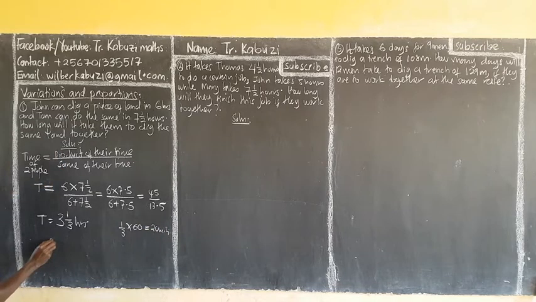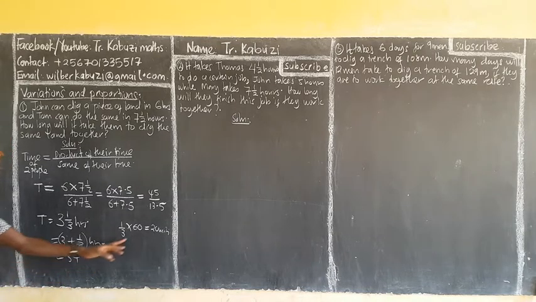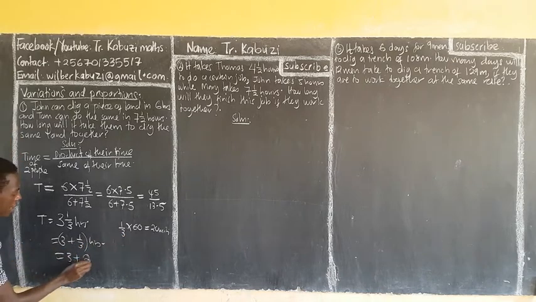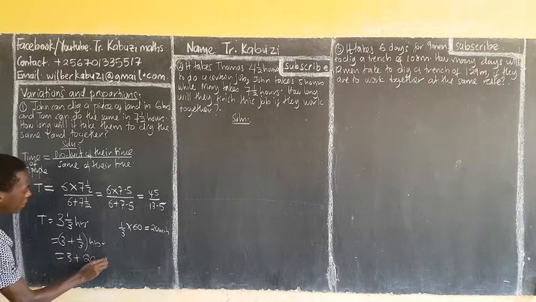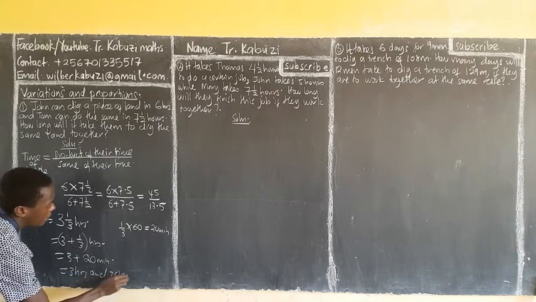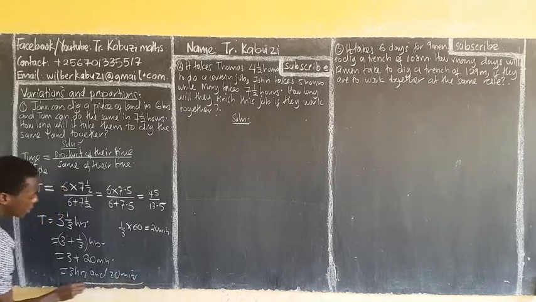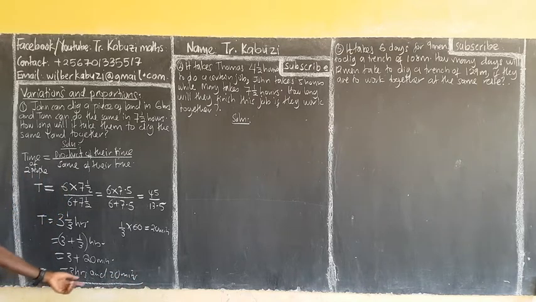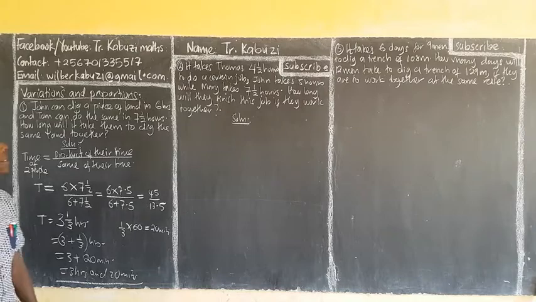So meaning this will be 3 plus a third hours, which will be 3 hours plus the 20 minutes. So it's going to take them 3 hours and 20 minutes. So if they work together, the time has reduced to that.